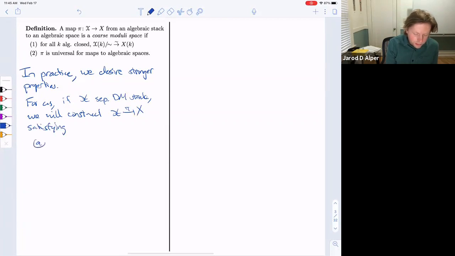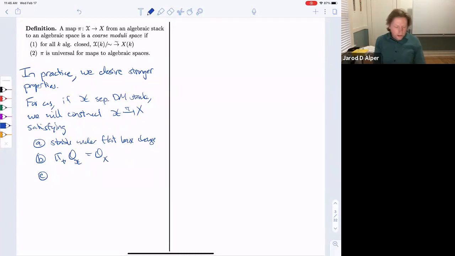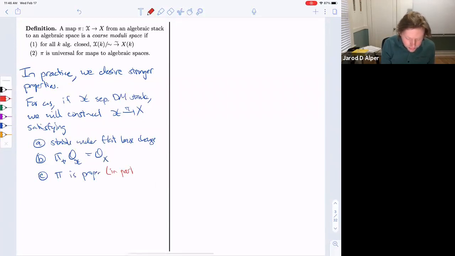So first is that it's going to be stable under flat base change. Two is that the push forward of the structure sheaf is the structure sheaf. And that the map itself is proper. So maybe I should emphasize, in particular, it's separated.